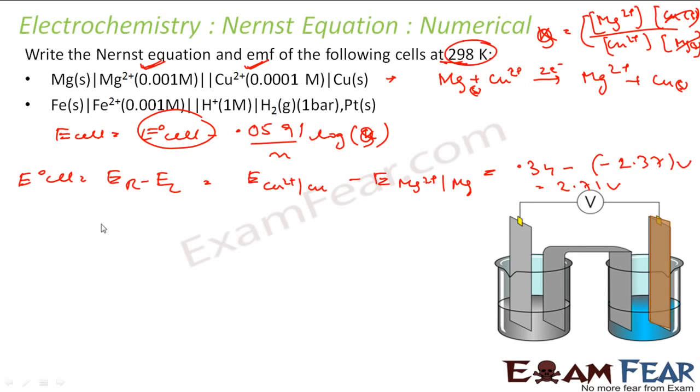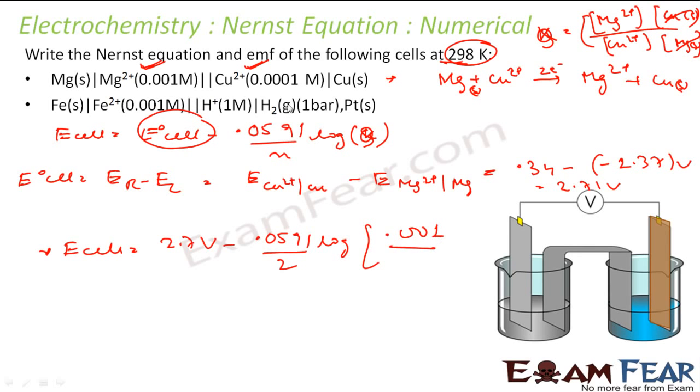So let me put the values now here. E cell will be nothing but E naught cell, that is 2.71 volt, minus 0.0591 by n, n is 2 electrons, log of concentration of Mg2 plus, 0.001, by concentration of copper 2 plus, 0.0001.